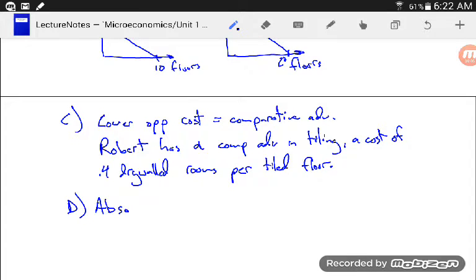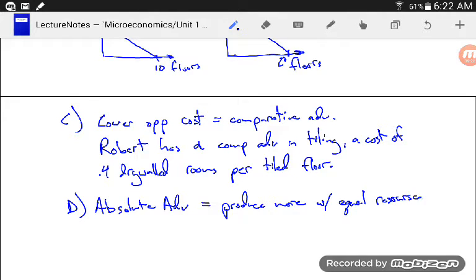Absolute advantage is to produce more with equal resources. In this case, time. Time is the resource. Whoops, let me spell resources right there. Produce more with equal resources.